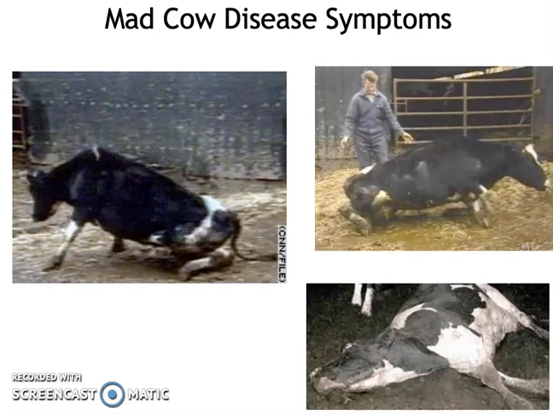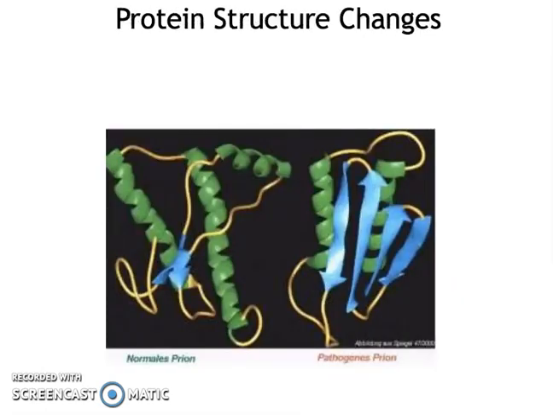Mad cow disease is none of these. Not only is it none of these different types of pathogens, but it's also now known to be the smallest pathogen known to man. It is not a living organism. It is not a virus. It's even smaller than that. It is a single protein.